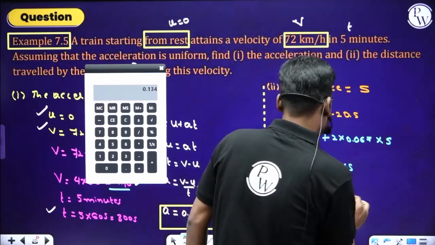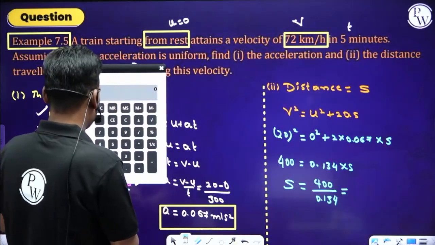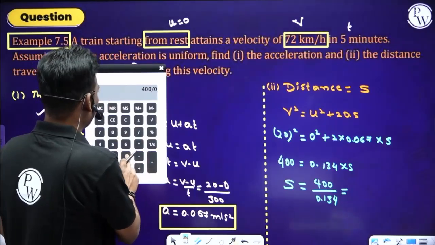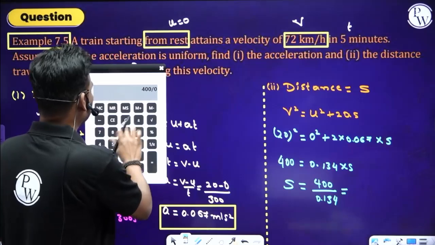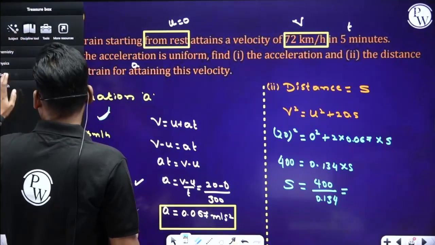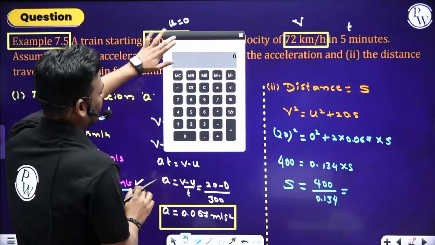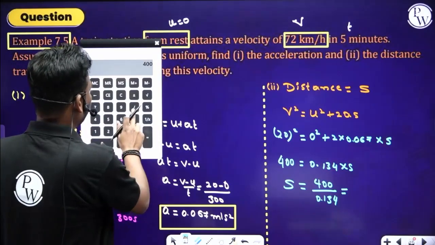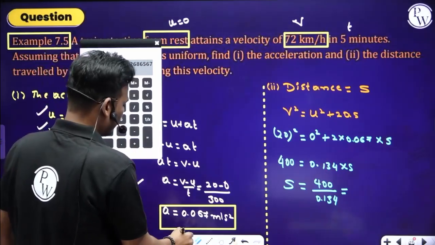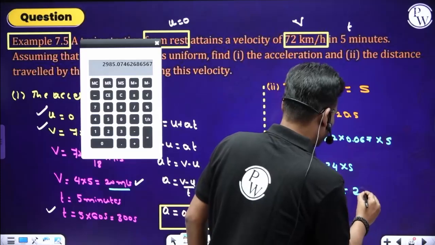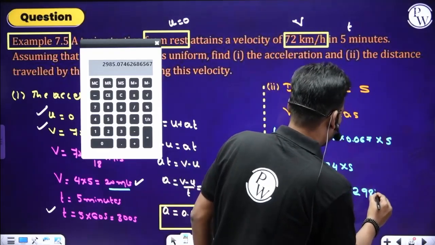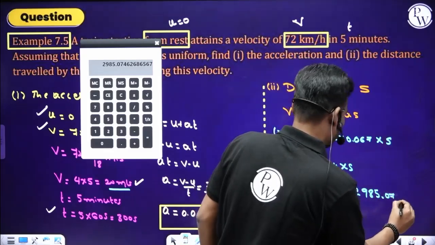So 400 divided by 0.134 is 2985.07 meters.